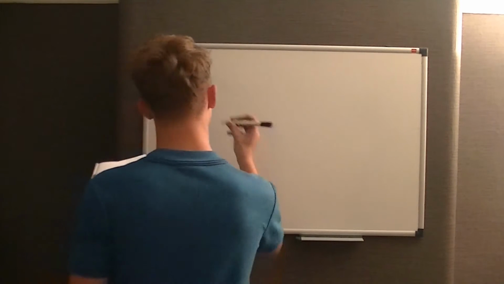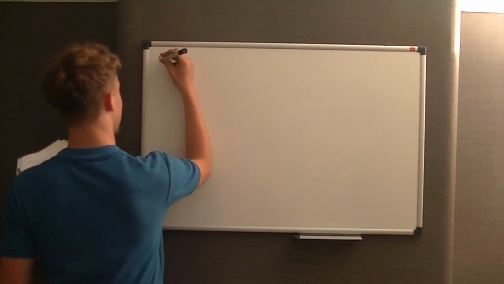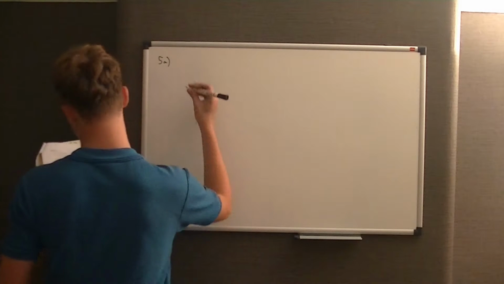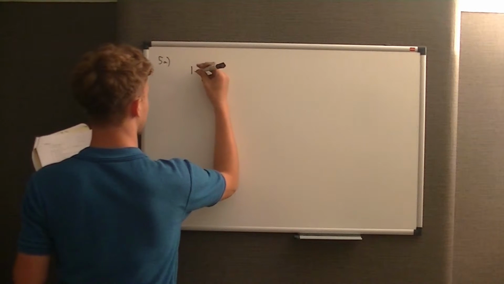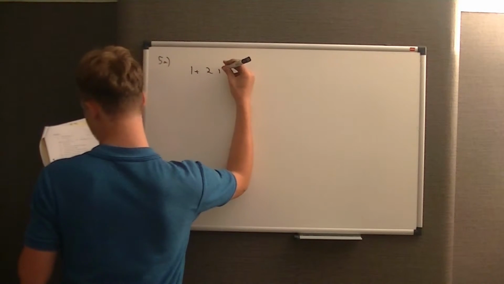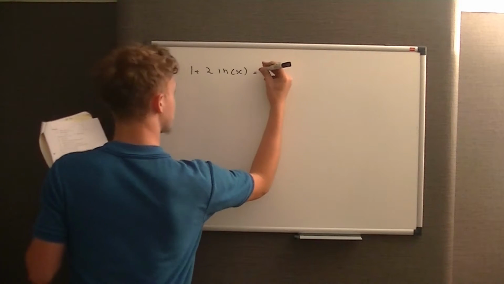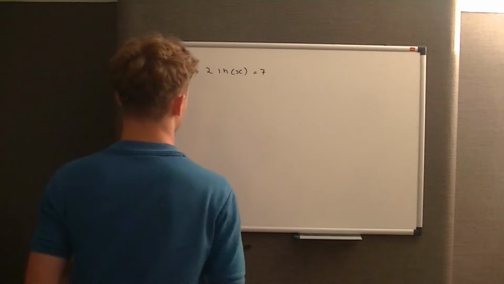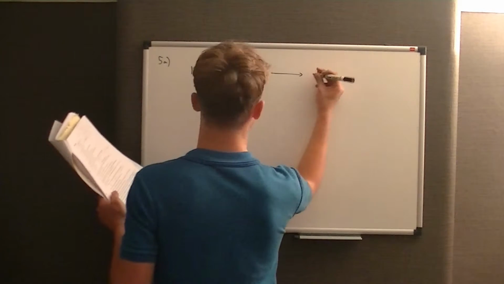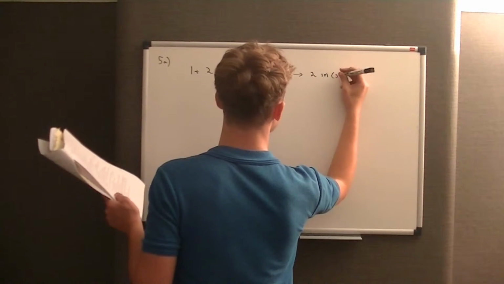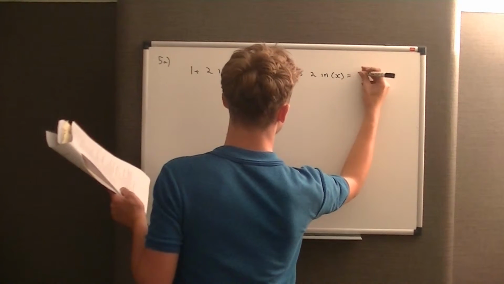So first one, 5A, or if you want to call it 2A, but just for the purpose of people who have books. 1 plus 2 ln x equals 7. So obviously what we do from here is we subtract 1 from both sides, so 2 ln of x equals 6.